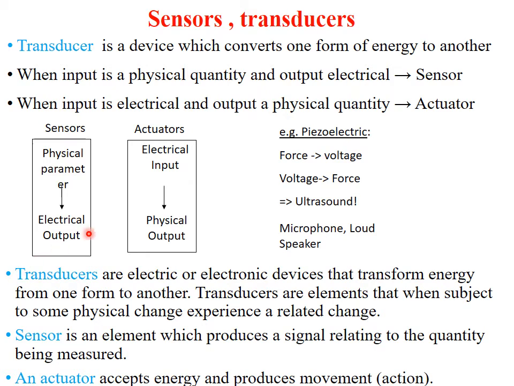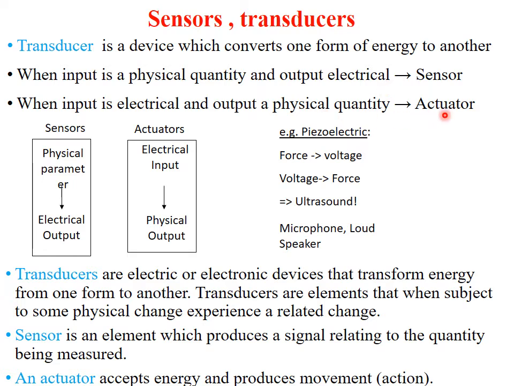Now we will try to differentiate between a sensor, a transducer and an actuator. A transducer is a device which converts one form of energy to another form, whereas a sensor's input is a physical quantity and its output is some signal, which can be electrical or any other type.